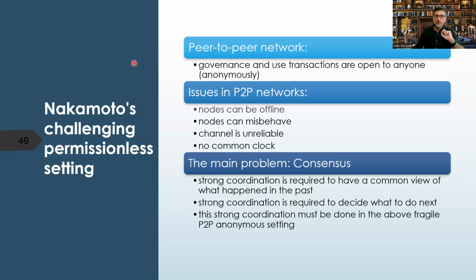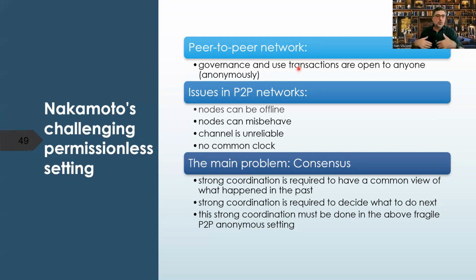So the setting of Nakamoto was extremely complicated because Nakamoto decided to be in the hardest possible situation. A peer-to-peer network, basically without structure. So you don't want to have servers that you can access, because servers can be unreliable. And he wanted a system that works always. So Nakamoto decided to design a decentralized computer on top of a peer-to-peer network.